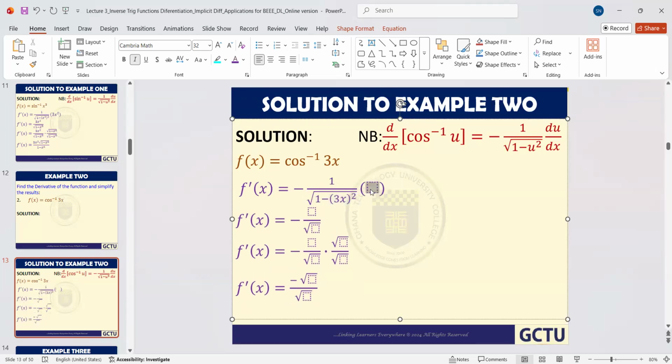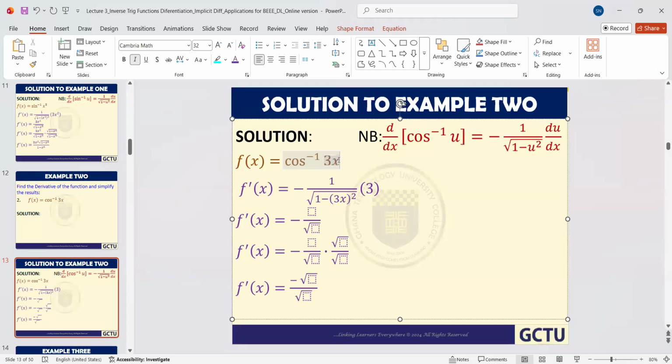Okay, that is 1 minus u squared. Then I differentiate 3x. If I differentiate 3x, I hope you remember that it will give me 3, because the power here is 1. 3 times 1 will give you 3.